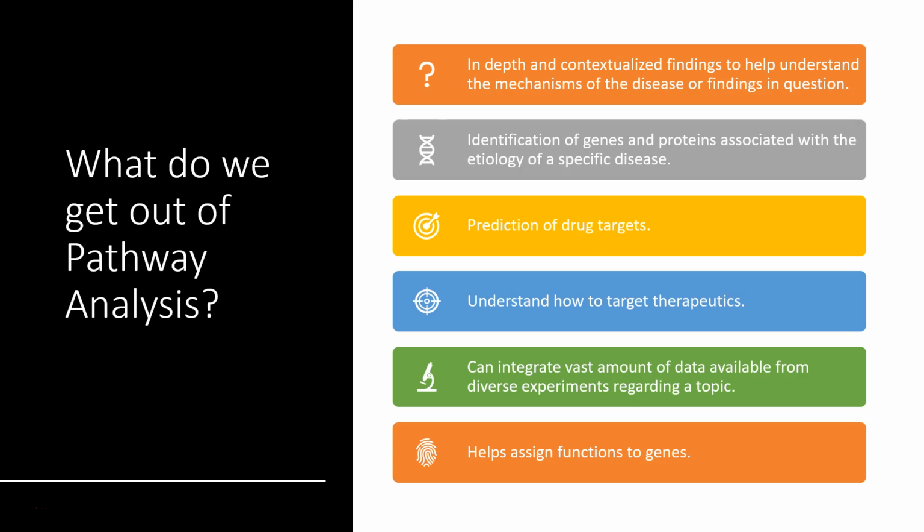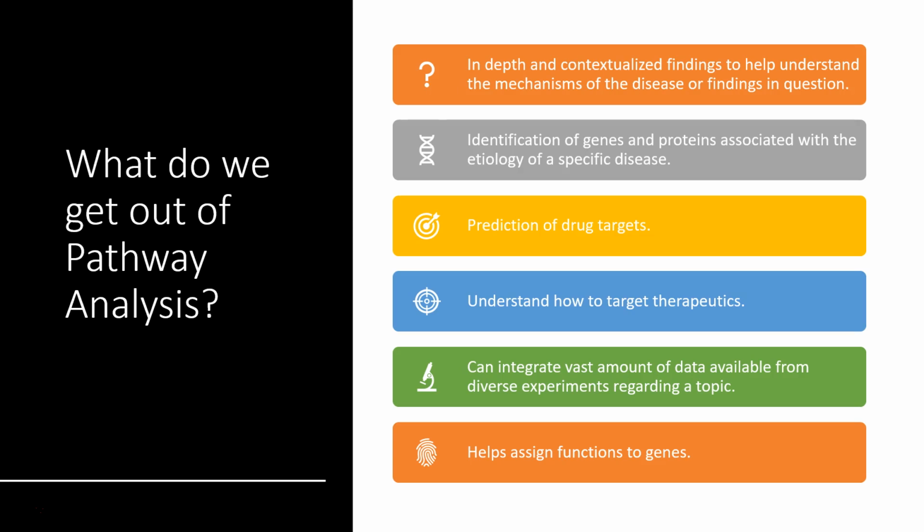It can also help us integrate a vast amount of valid data, available data from other experiments done by multiple investigators in multiple model systems regarding a topic, into a cohesive integrated system where you can look at how all those experiments have some common nodes and some common genes or proteins that keep popping up.